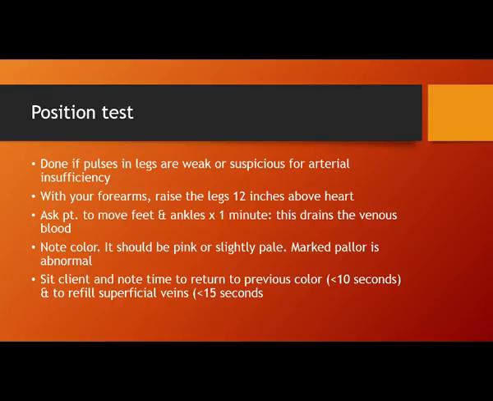Depending on the patient, it can be pink and normal, or slightly pale, but you wouldn't expect to see marked pallor, because you're not occluding the arteries. If there was arterial insufficiency, it might be extreme pallor. That would tell you this does look like arterial insufficiency.